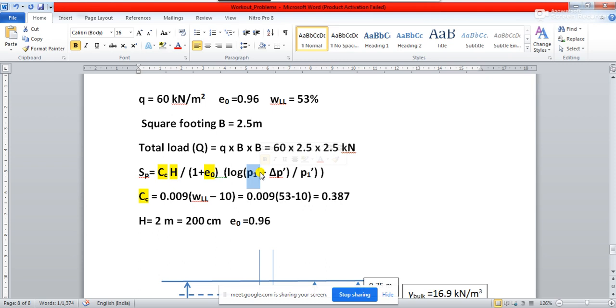Some cases you may need to use the saturated value, some cases the bulk value, some cases the submerged unit weight values.